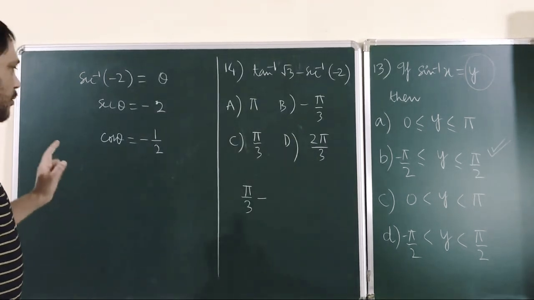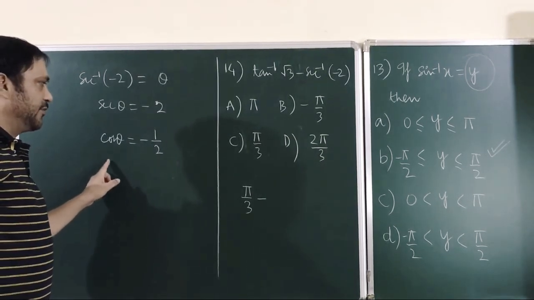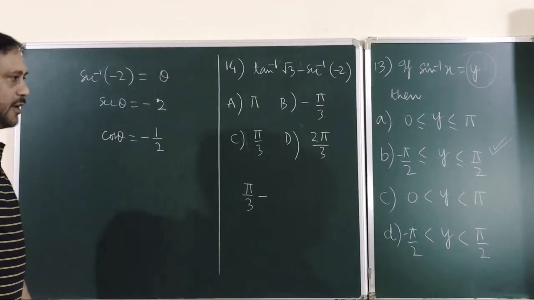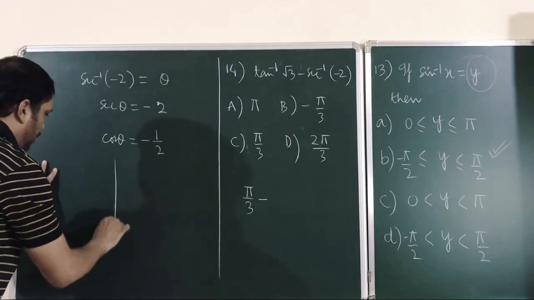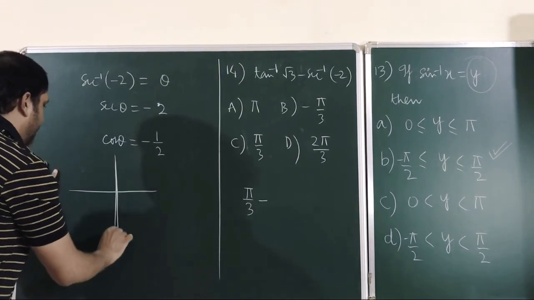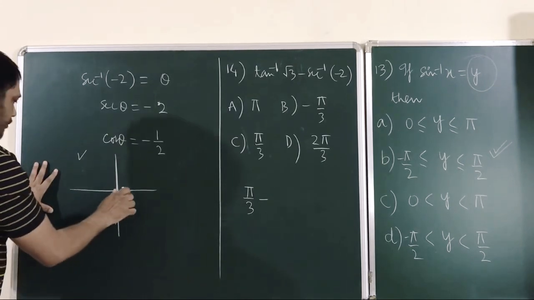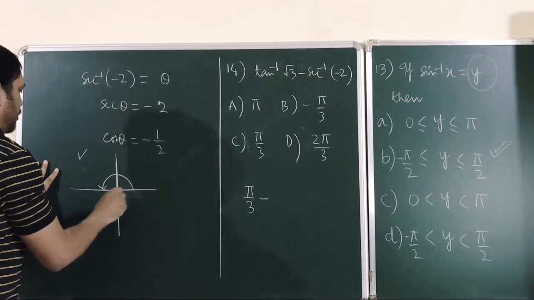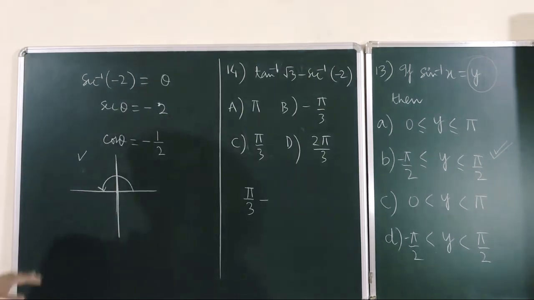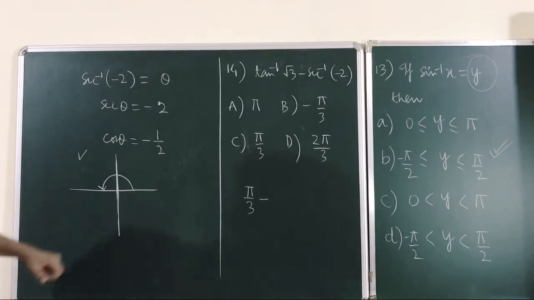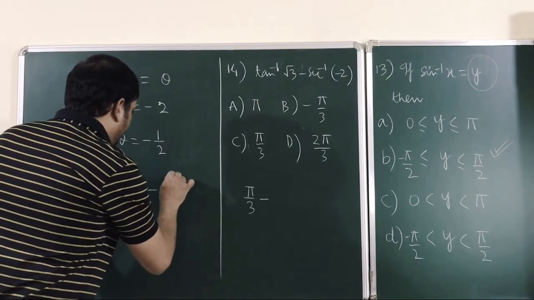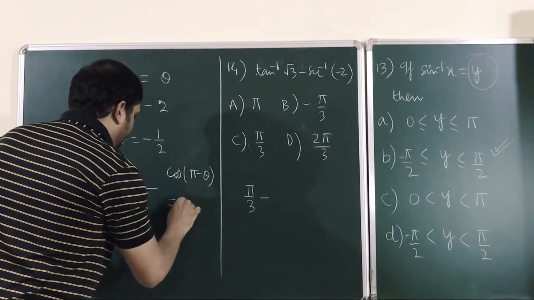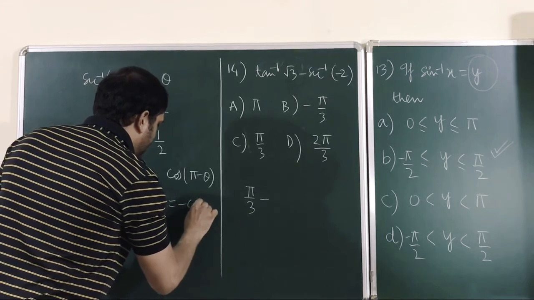Clear? Now you have to write the answer for cos theta which remains between 0 to pi and gives the answer minus half. We know in the second quadrant the cos values are negative. And what values are we getting for the cos? From 0 to pi. So what we will do here: we can write cos of pi minus theta is equal to minus cos theta.